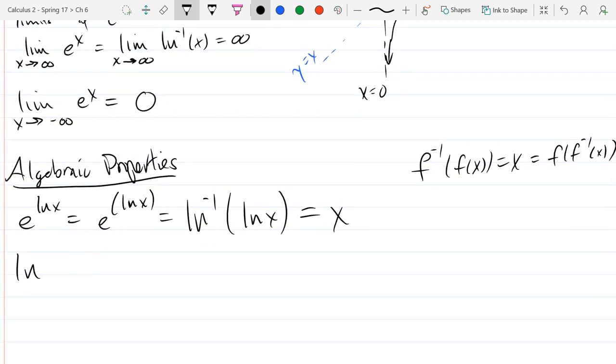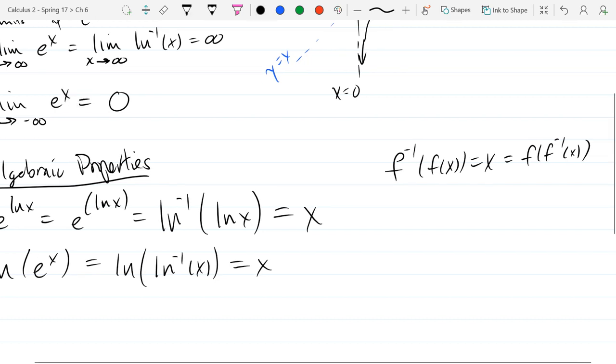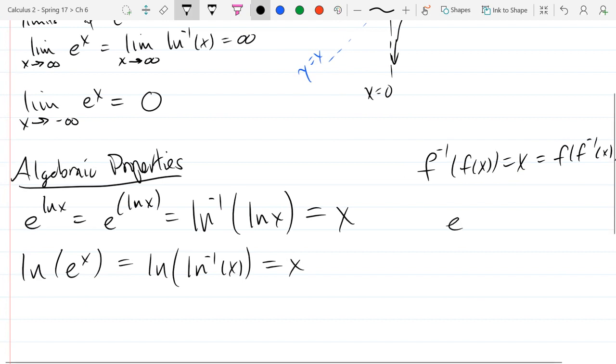We can do the other way. Composing in the other order, e to the x is ln inverse, and we see natural log of natural log inverse cancels out to just x. So you can compose them in either order and you get back to x. So we'll just summarize these.